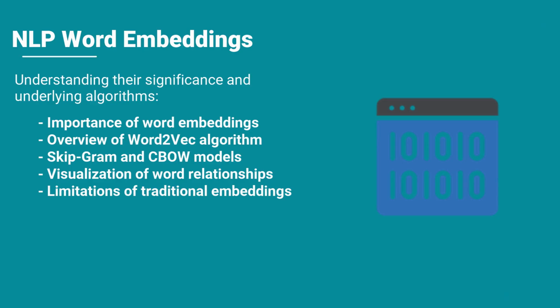Consider the words king, queen, prince, and princess. They frequently co-occur in contexts related to royalty. By representing each word as a vector, we can analyze the spaces these vectors occupy. The closer two word vectors are in this space, the more related their meanings are presumed to be.